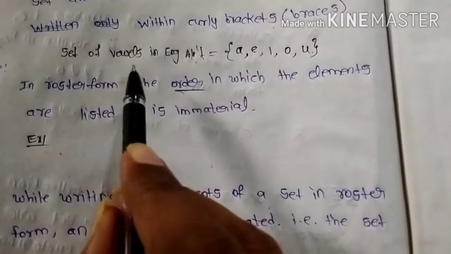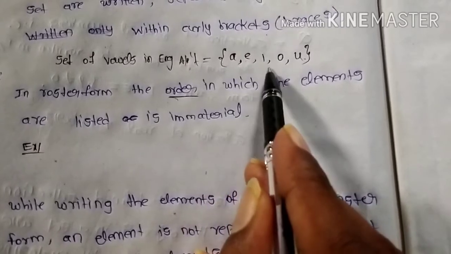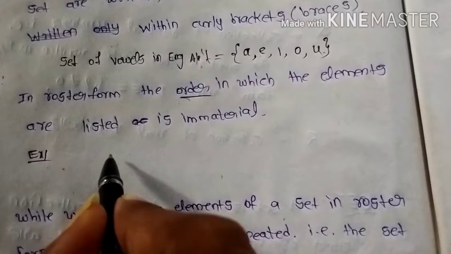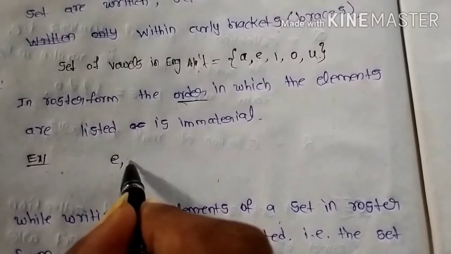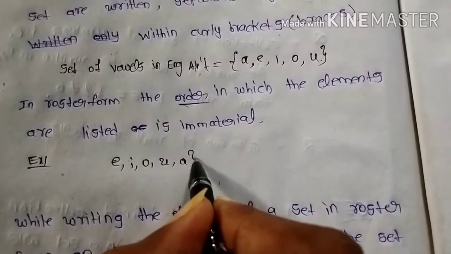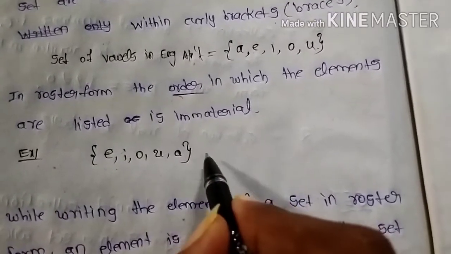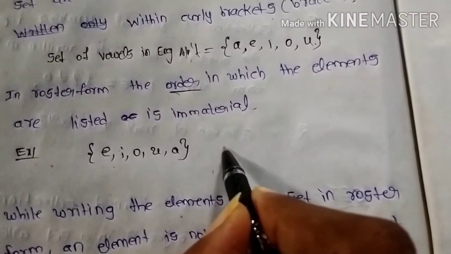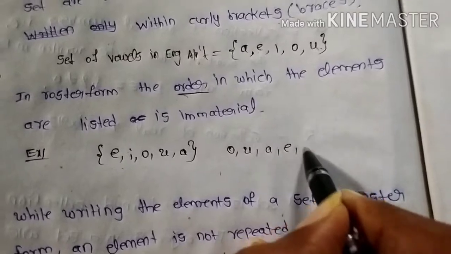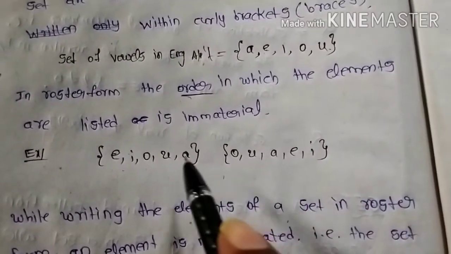See, in the previous one I asked you the set of vowels in English alphabet. I told that A, E, I, O, U. But one of the students said E, I, O, U, A. Another student will say O, U, A, E, I. That means you can remember here the order is not important.